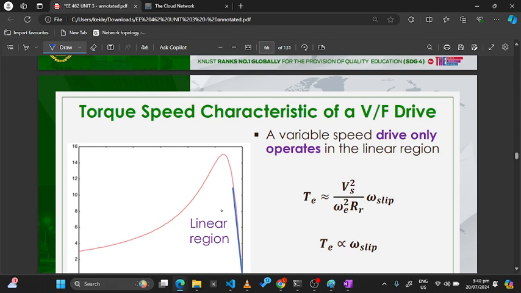Okay. So we've already established this formula, right? If you remember, in the first part, we saw that T is proportional to omega slip.